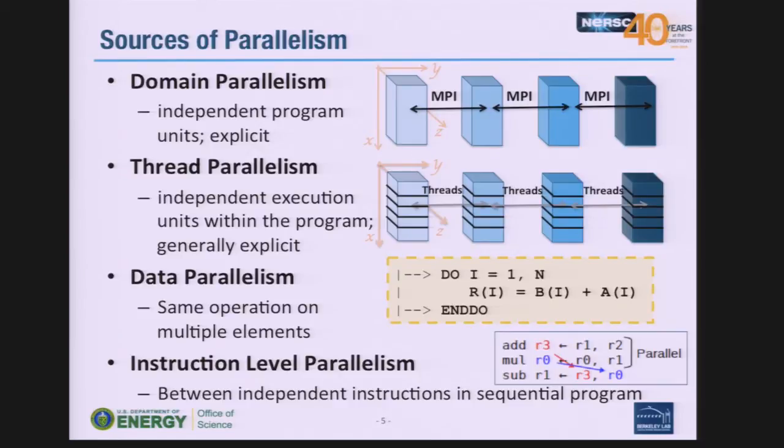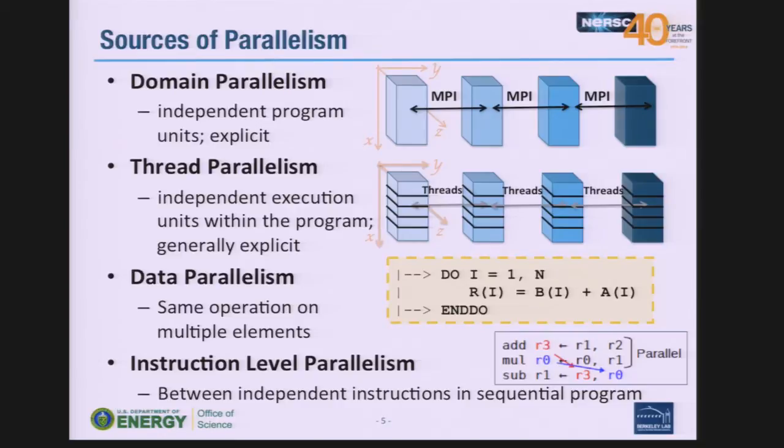Now I'm going to multiply what's in register 0 by register 1 and put it in register 0. These two are not dependent on each other. So if the processor has the capabilities, which could be either hardware or software, we won't go into that, this can be done in parallel.